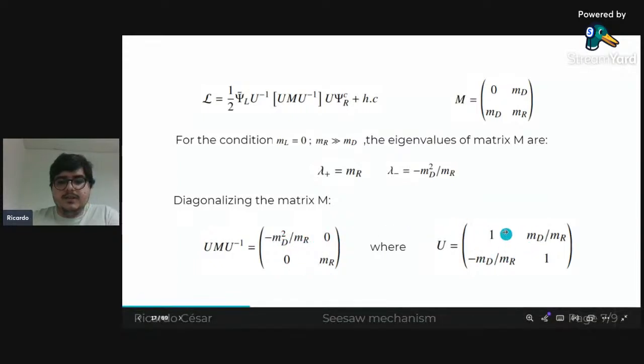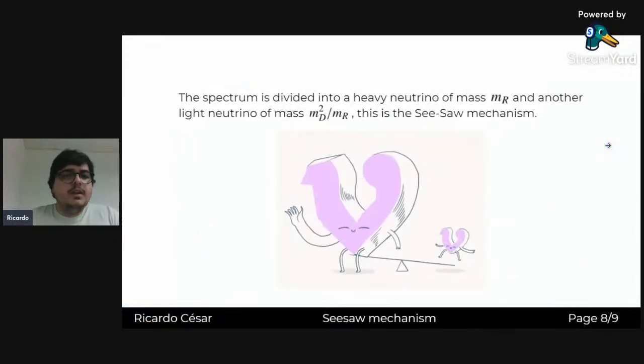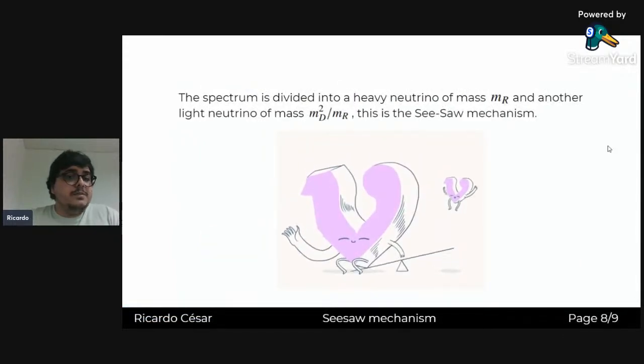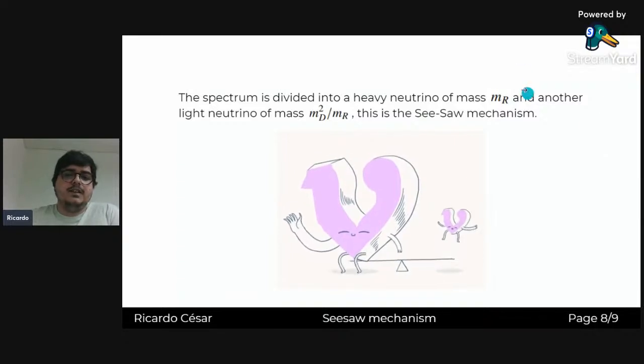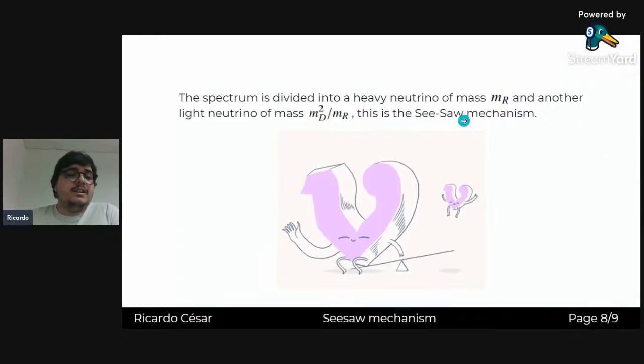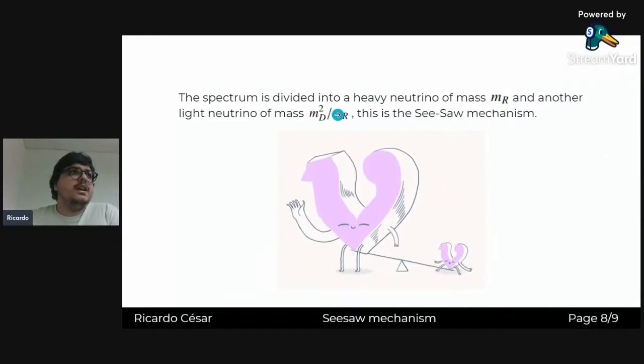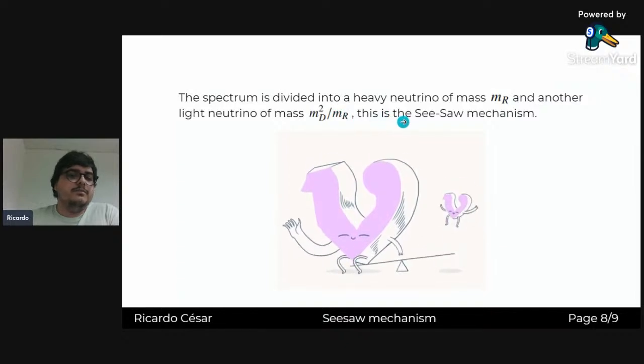So those are the two eigenvalues of this matrix. The spectrum is divided into a heavy neutrino of mass mr and another light neutrino of mass md squared over mr. And this is the seesaw mechanism.